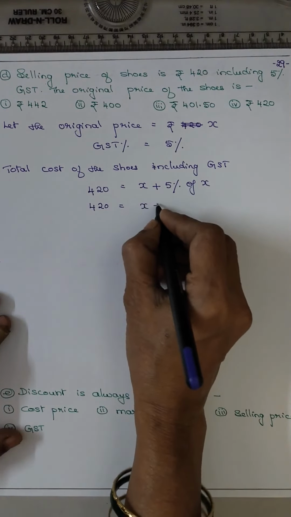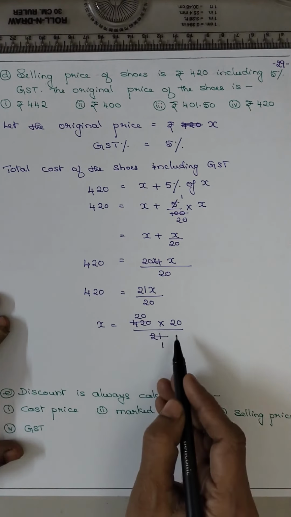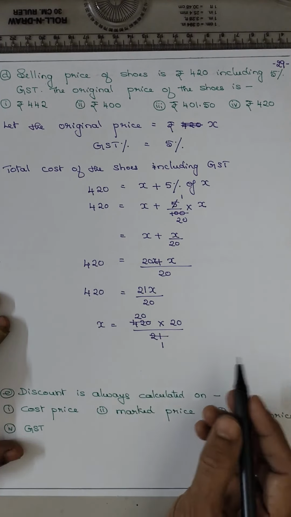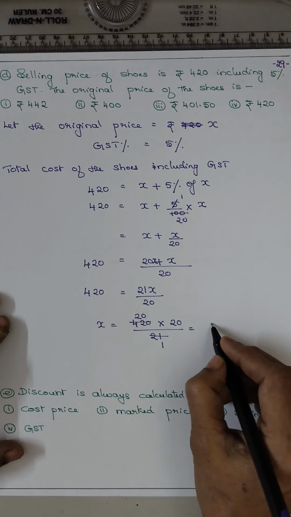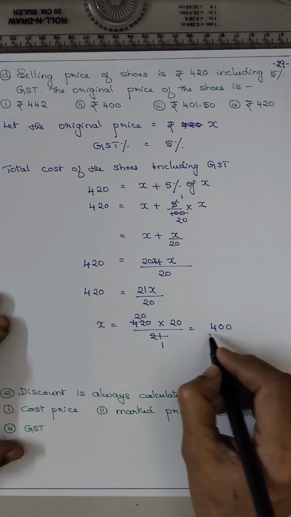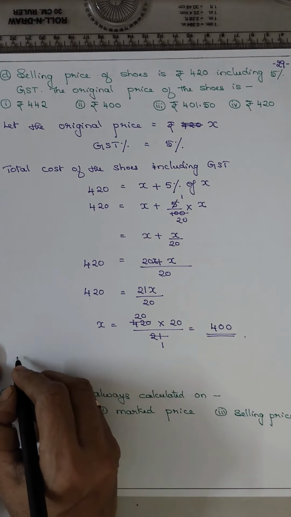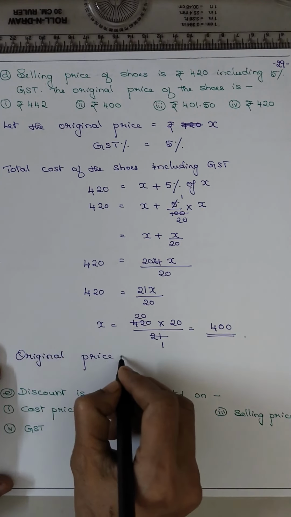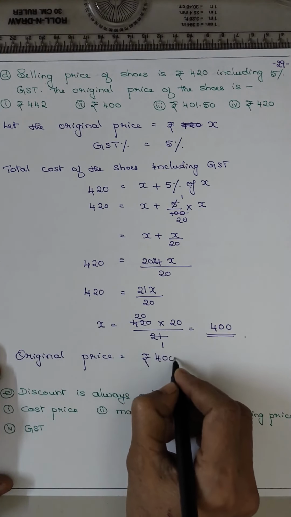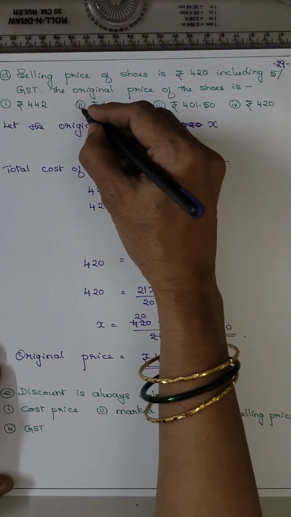So X is equal to 420 into 20 upon 21. 21 ones are 21, 21 twos are 42, remainder 0. So it will be 2 times. That means 2 twos are 4, and 2 zeros. So answer, original price is equal to rupees 400. So which is the option? Second option.